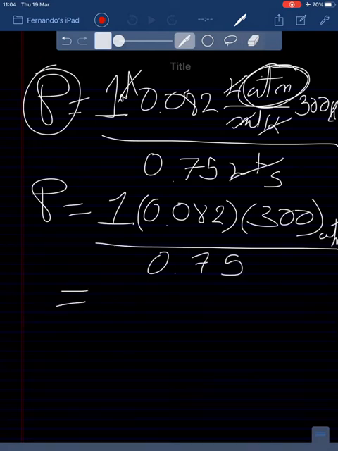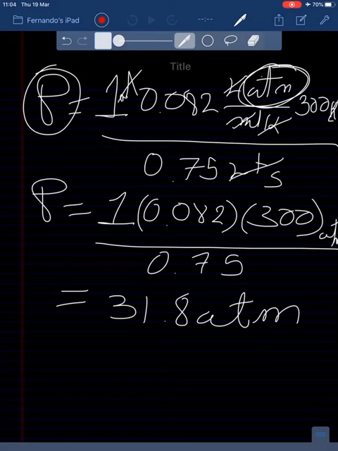I'm going to give you a moment so you can perform the math on that, and I'll be back in a second. Very well, when you perform the math, the number that I get is 31.8 atmospheres.